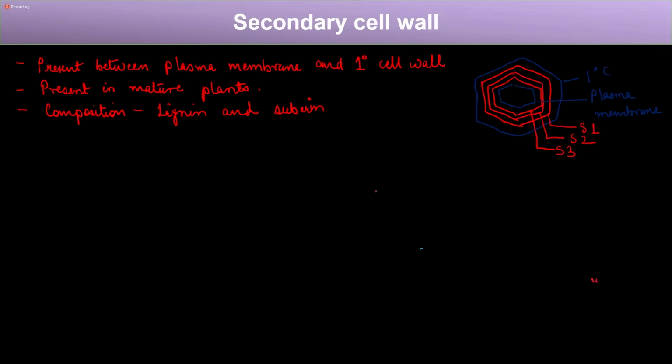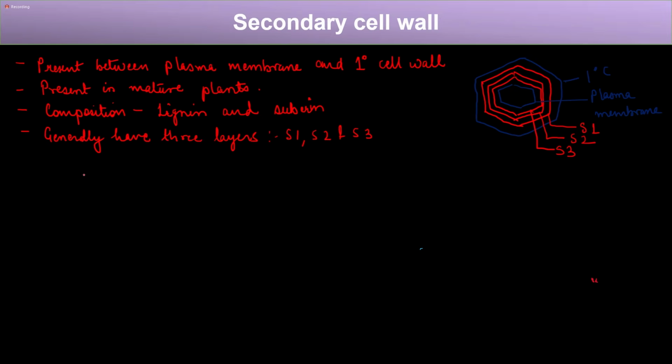So these are the three layers present in the secondary cell wall. You can write that these secondary cell walls generally have three layers: S1, S2, and S3.